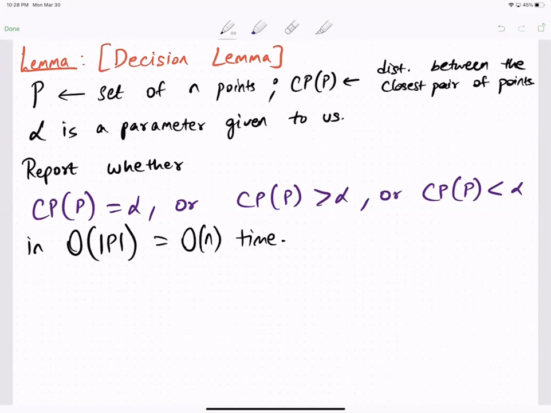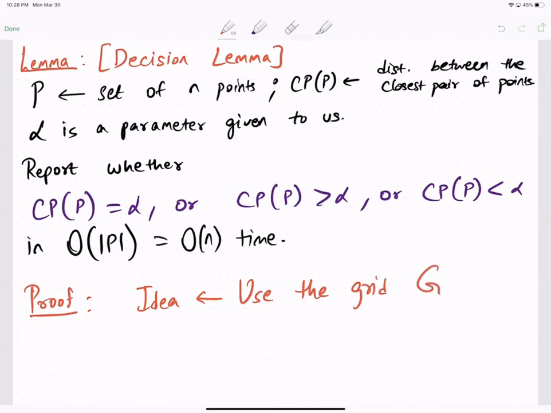So what's the key idea behind the proof? Since we have been talking about the grid all this while, the idea is to use the grid G alpha.